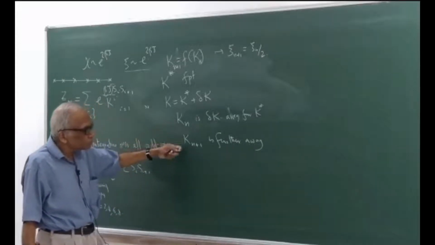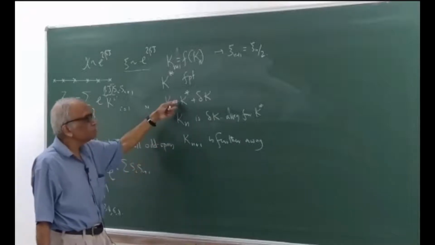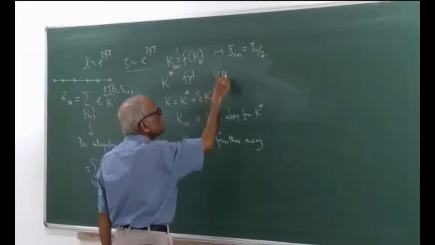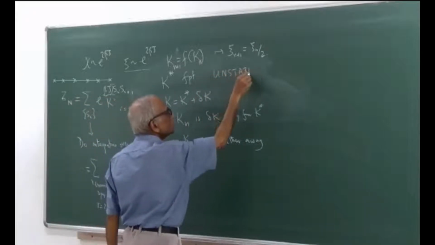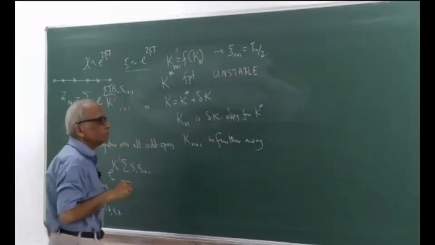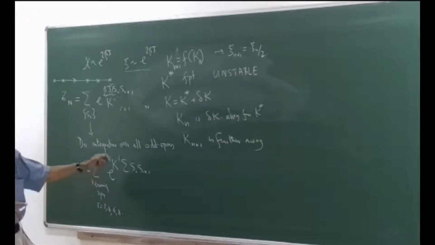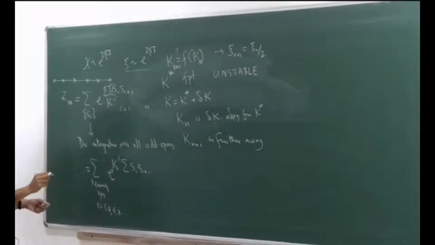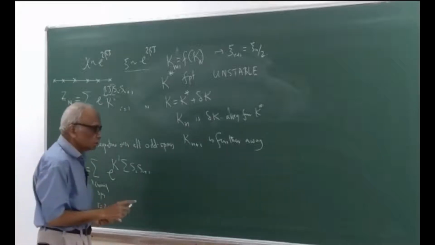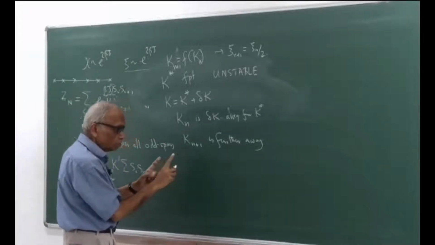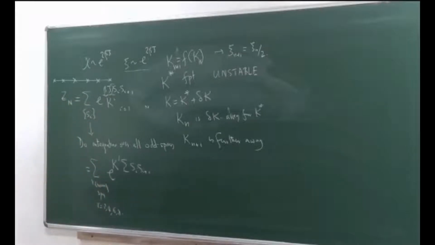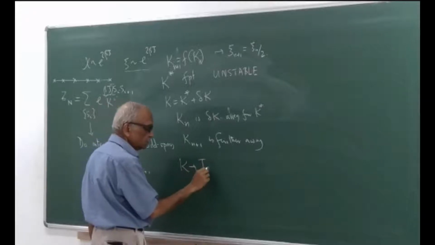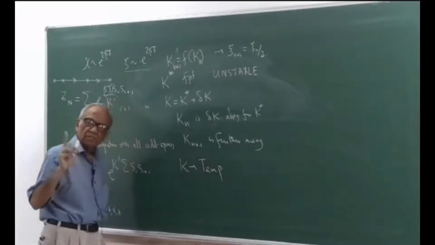So this fixed point that you talked about is an unstable fixed point. Criticality is associated with the unstable fixed point. What determines this K that we talked about is like the temperature, so temperature decides criticality.